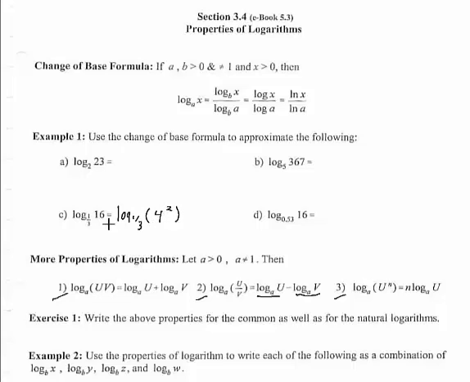Okay, if you square 4 you get 16. So these two expressions are equivalent. And using the third property, we could say that the exponent of our argument is 2, and we could rewrite this as 2 times the log with the base of 1/3 of 4.